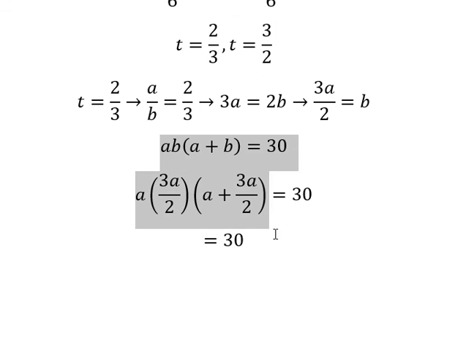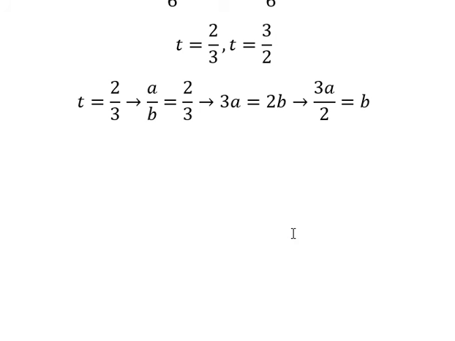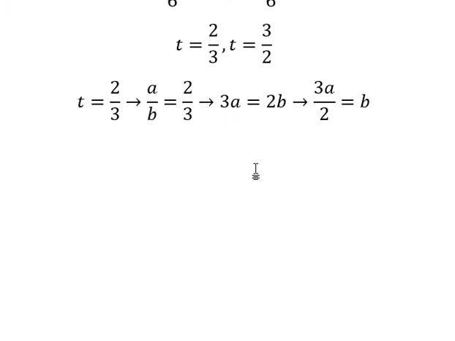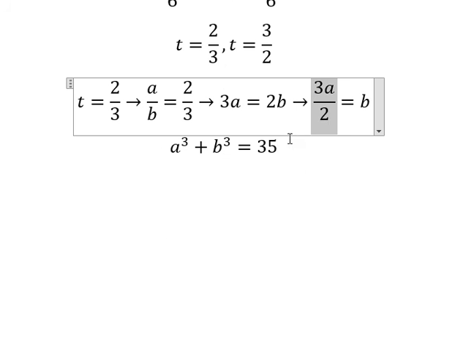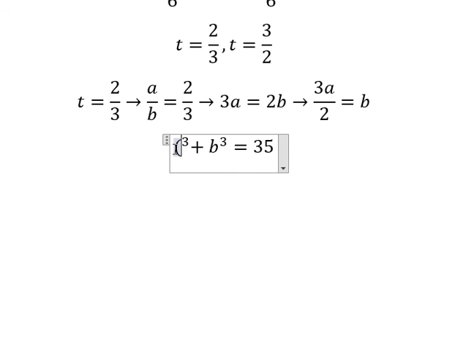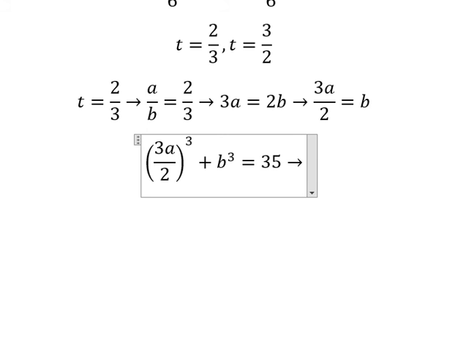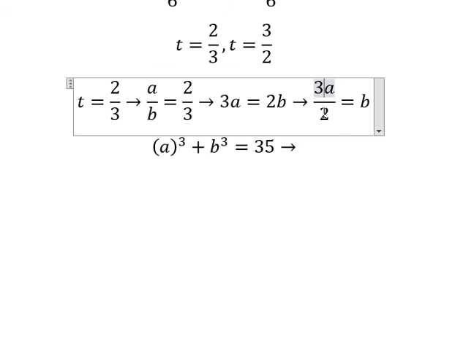Sorry, this one is complex, so I will choose this one. So I will put this one here. And now we simplify. Oh, sorry. Put this one in here.